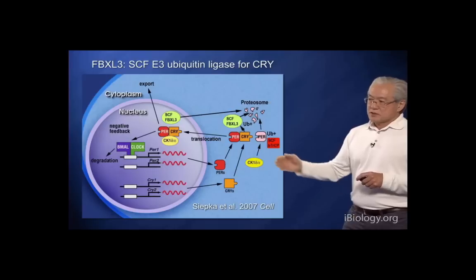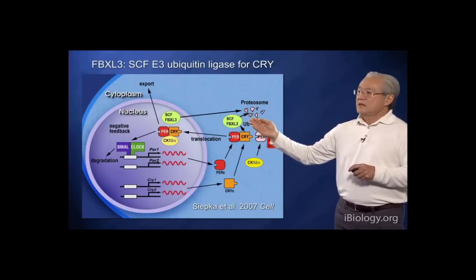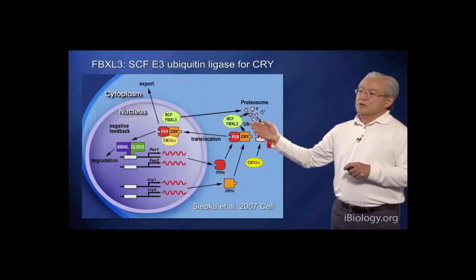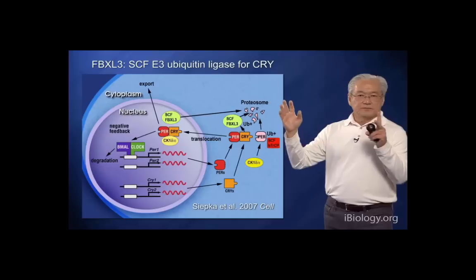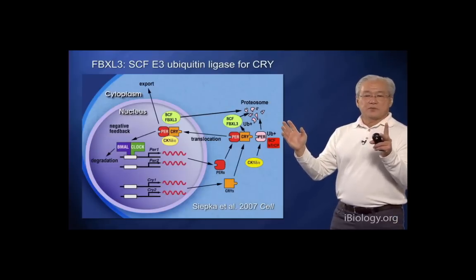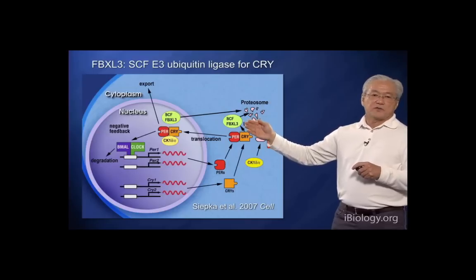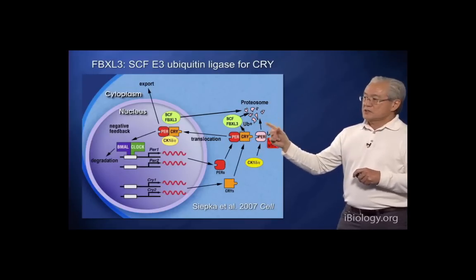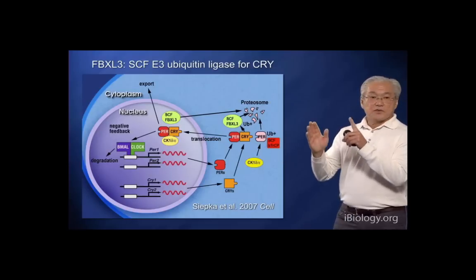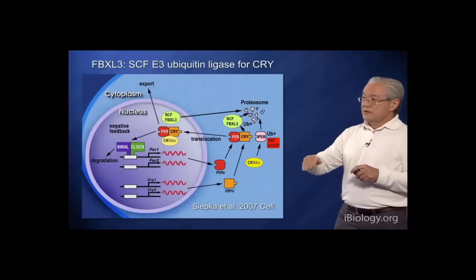And in the absence of this enzyme, or loss of function of FBXL3, the degradation of cryptochrome protein is slowed down tremendously. And what that does is to prolong the circadian period and lengthen the period from 24 to 26 hours. So we can see that this particular step accounts for a few hours out of 24 in the feedback circle.